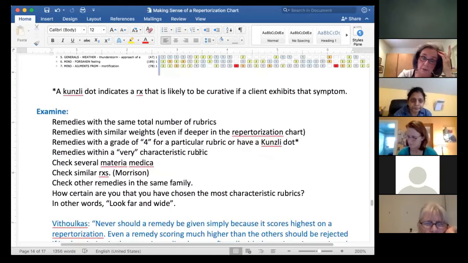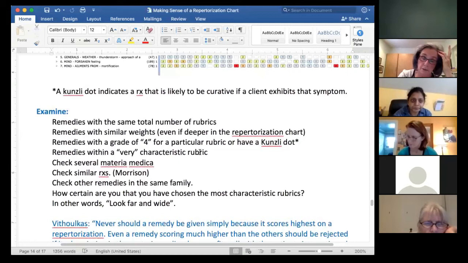So sometimes when you go back and look at your repertorization, you can say, this is really a very prominent symptom for this client, and this rubric really captures the essence of this client.